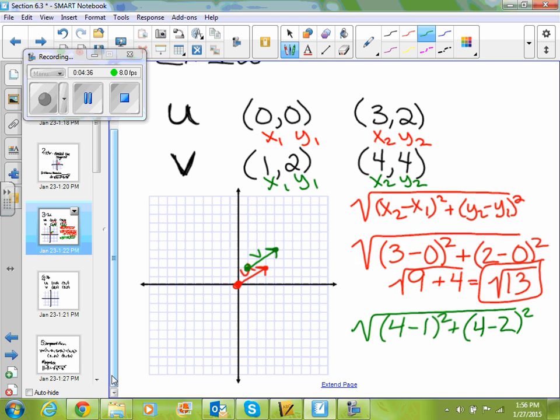Okay, so 4 minus 1 is 3. 3 squared is 9. 4 minus 2 is 2. 2 squared is 4. So these, in fact, end up being the same distance. So when I ask you to verify their lengths, you just use your distance formula. Make sense, or do we want to do another one?